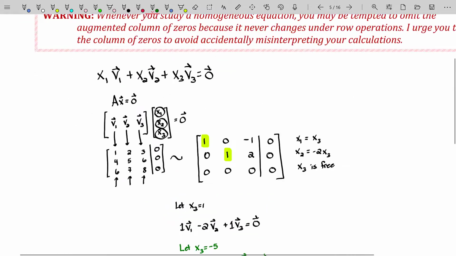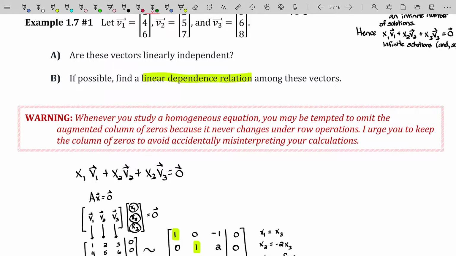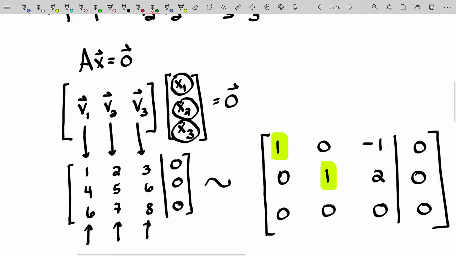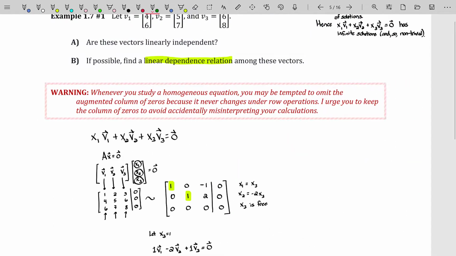Now, something I want to warn you about, and you probably already read this, because it's been in your field of view here the entire time. Whenever you study a homogeneous equation, which is basically what we're going to be doing when you deal with linear independence or linear dependence, you may be tempted to omit the augmented column of zeros when you're doing your row reduction techniques, because that augmented column of zeros never changes. It's always zero, right?